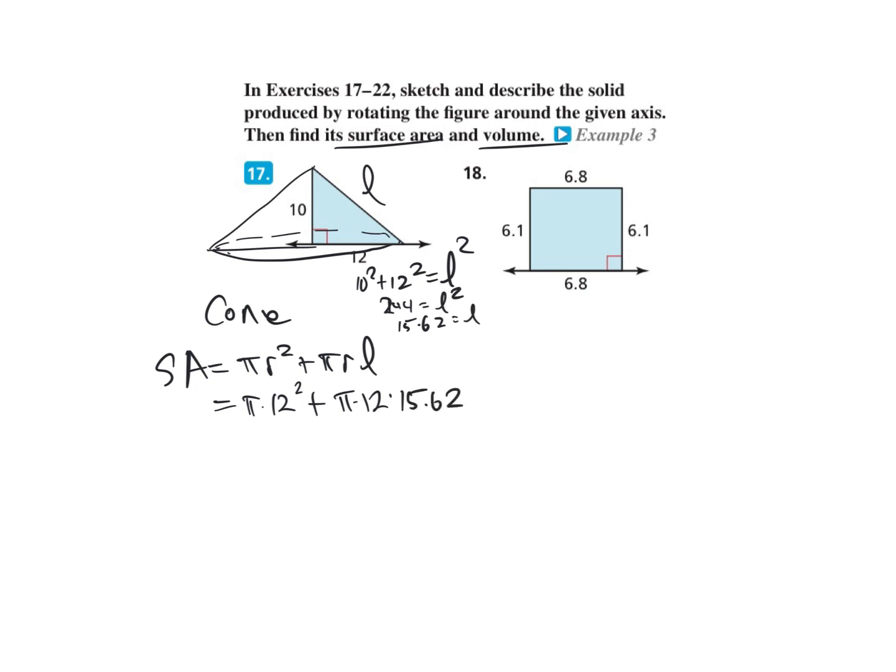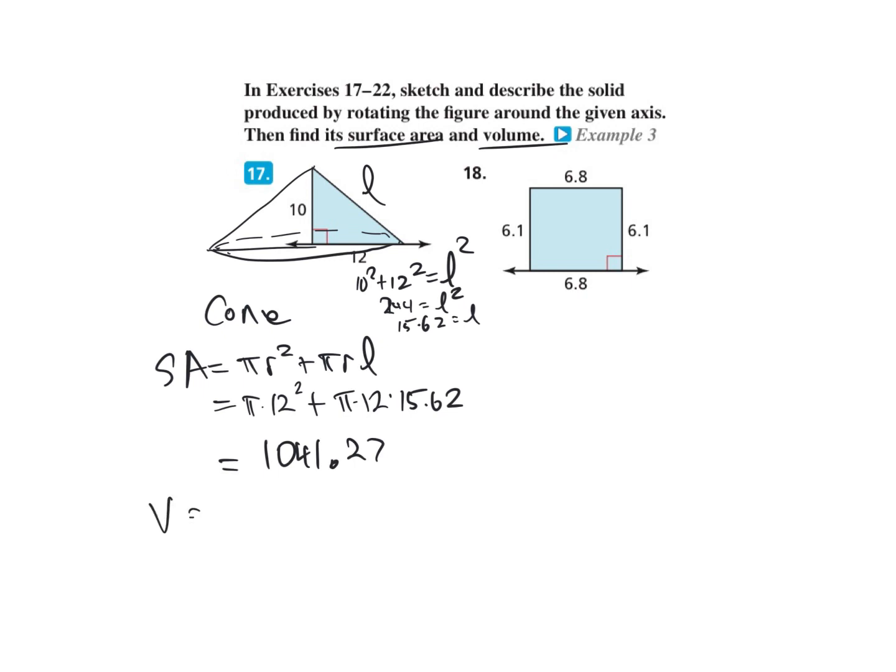So we take that times 12 times pi, plus the group of pi times 144, which is 12 squared, and we get 1041.27. And this is just square units.